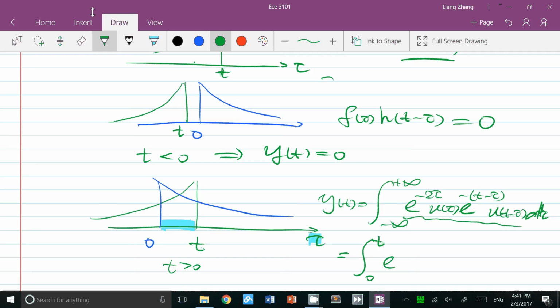And within this particular range, one is e to the negative 2 tau, the other is e to the negative t minus tau. And u will always take value 1 within this range, so we don't have to worry about it.